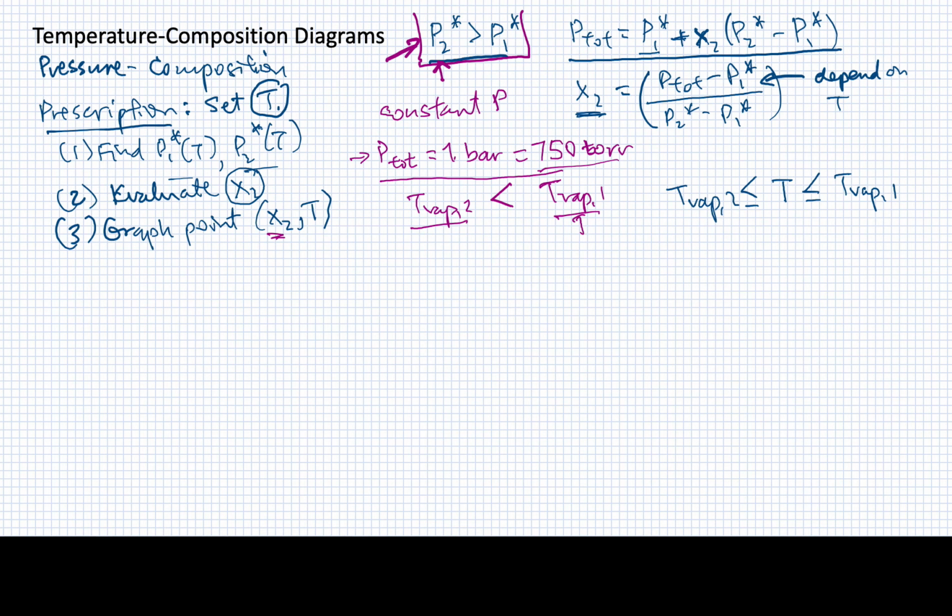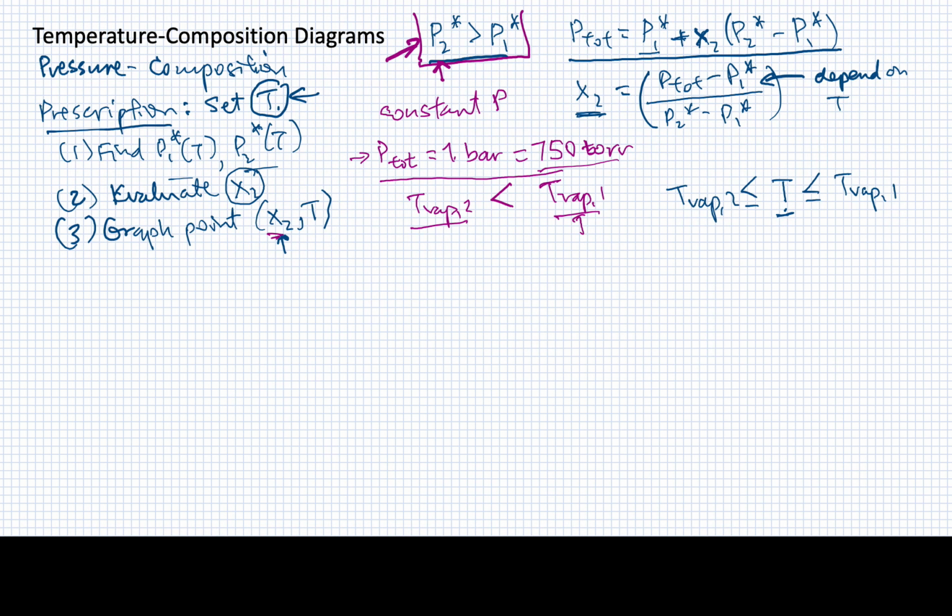So if it's lower than T vaporization of 2, nothing's going to boil. If it's above T vaporization of 1, everything boils. It's all going to be gone. So we want a temperature that's in this middle range somehow, and these are going to be the temperatures that we use as we use this prescription. So what I want to do is find the exact composition that will boil at the particular temperature that I've chosen. That's what we're doing.